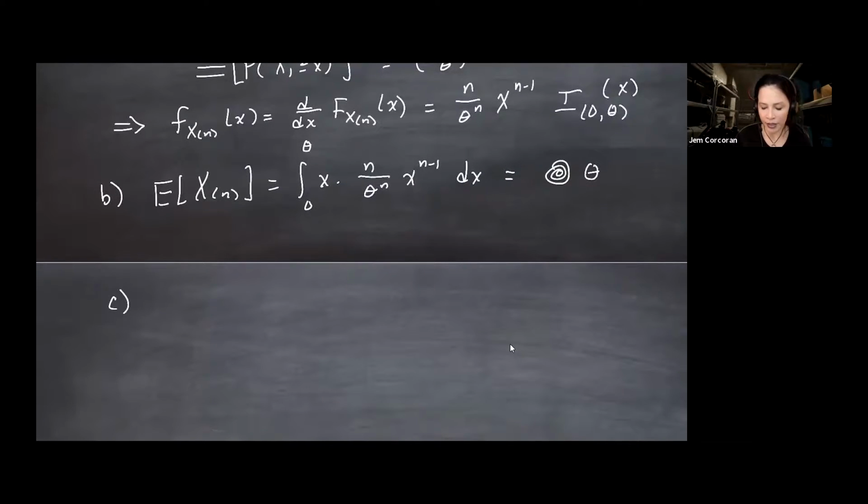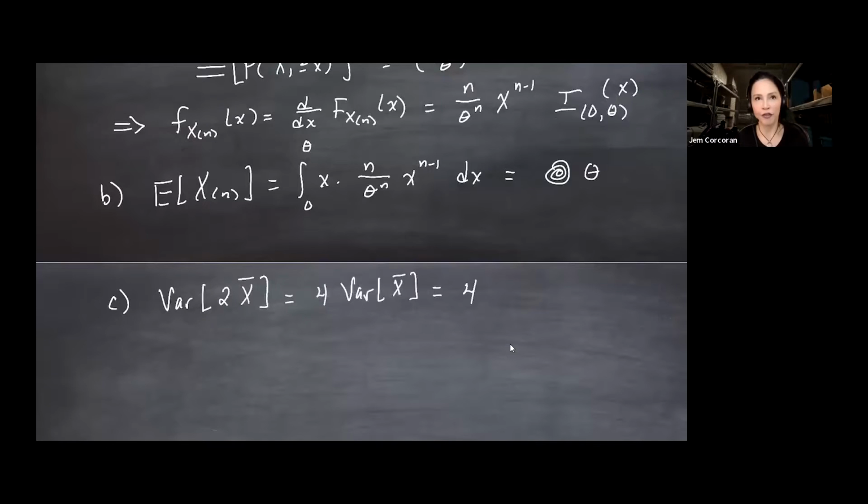So in C, we want to look at the variance of our first unbiased estimator, which is 2x bar. And this is 4 times the variance of x bar because I pulled out that constant and it came out squared. And we know for any distribution, the variance of x bar is the variance of one of them over n.